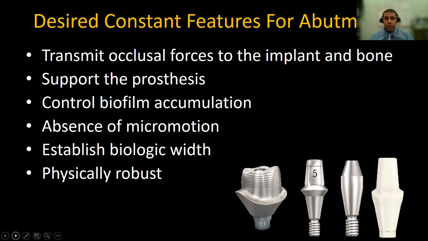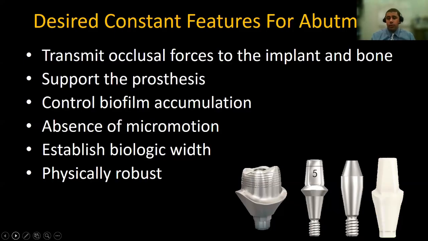It supports the prosthesis. It's very important that it can control biofilm accumulation. That has to do with the design of the abutment, the transmucosal design, and the polishing of the material, any way that allows less accumulation of biofilm and thus less chance for peri-implant mucositis or peri-implantitis down the road.